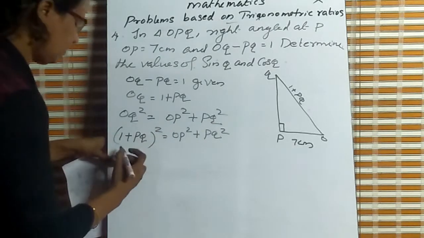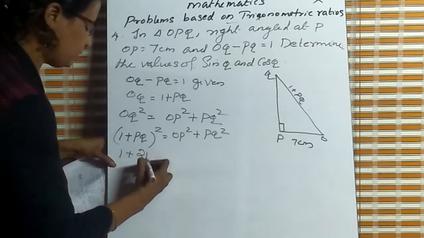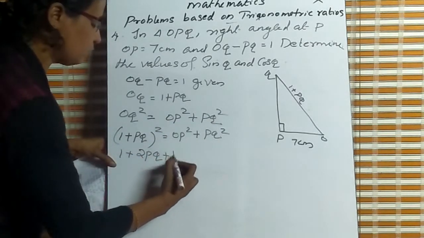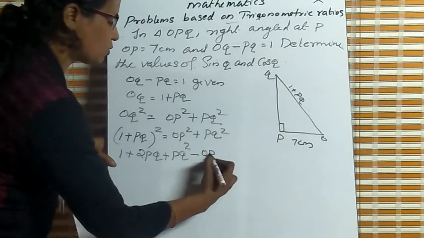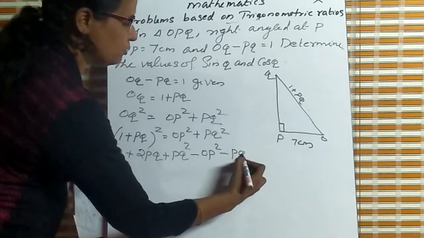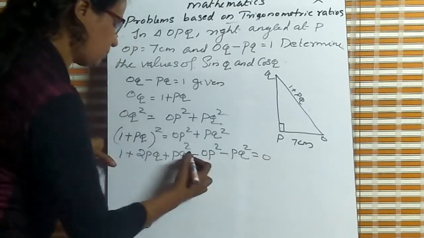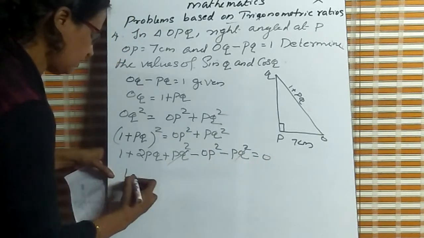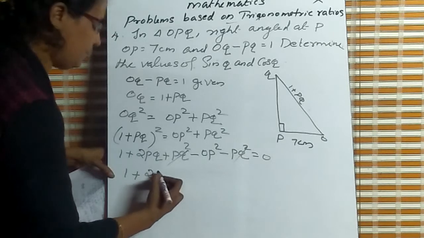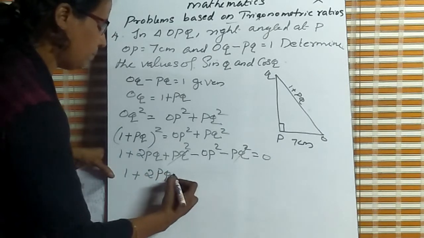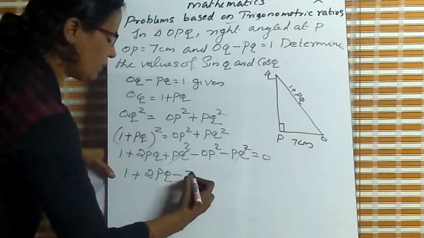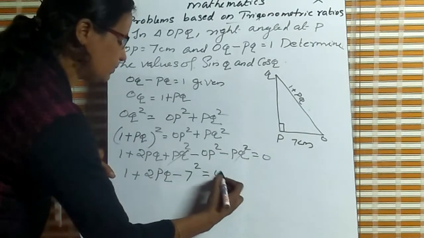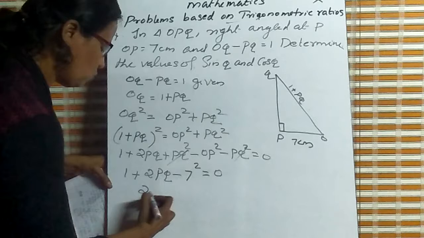Now we expand: 1 plus 2PQ plus PQ square, and bring it to one side, minus OP square minus PQ square is equal to 0. PQ square cancelled. 1 plus 2PQ minus OP square, OP is 7, 7 square, is equal to 0.